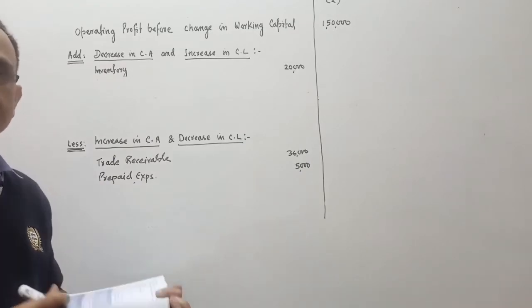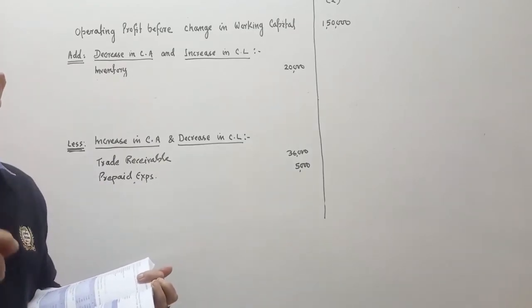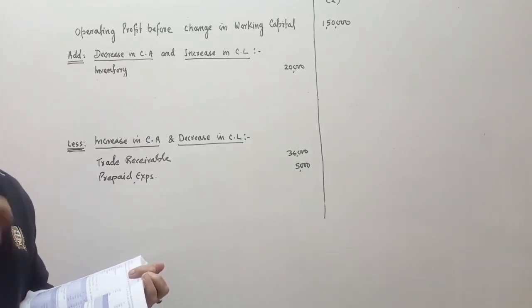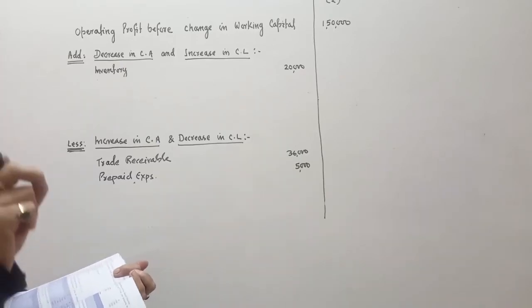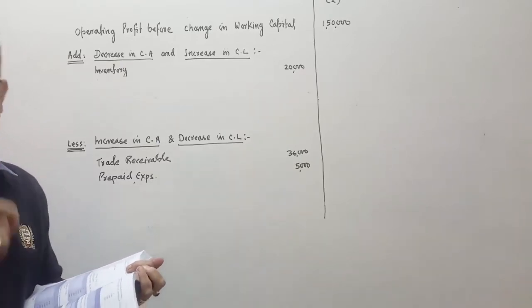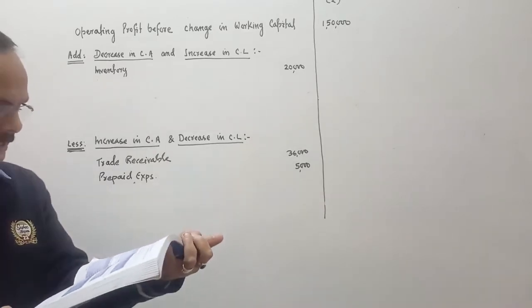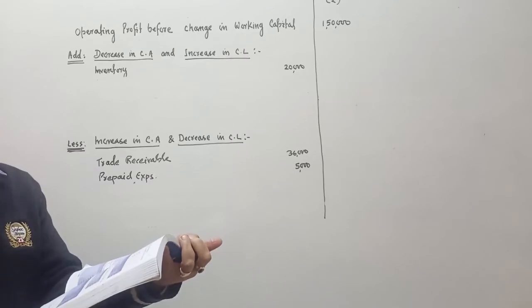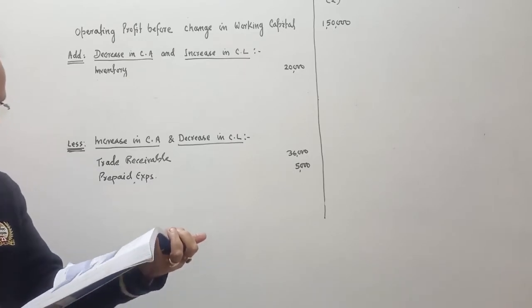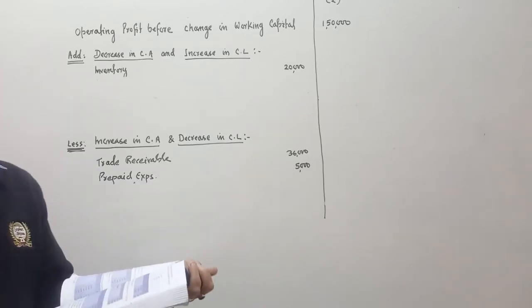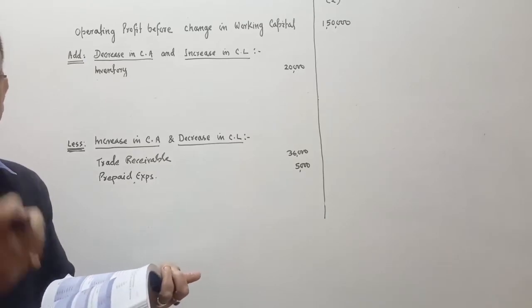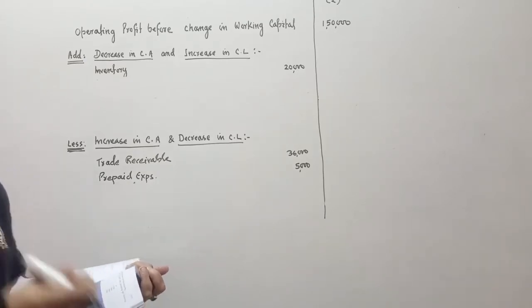Next item is accrued income. Accrued income means income earned but not yet received. It's a current asset. Last year, in 2017, it was 8,000, and in 2018 it is 6,000. So accrued income is reduced, meaning current assets are reduced.